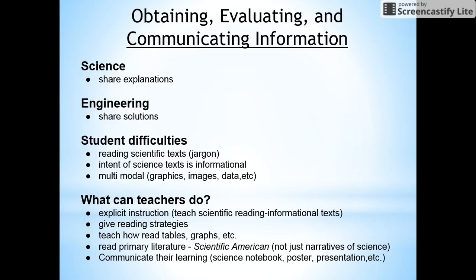Scientists and engineers use multiple sources to obtain information used to evaluate the merit and validity of claims, methods, and designs. Communicating information, evidence, and ideas can be done in multiple ways using tables, diagrams, graphs, models, interactive displays, and equations, as well as orally and in writing and through extensive discussions.